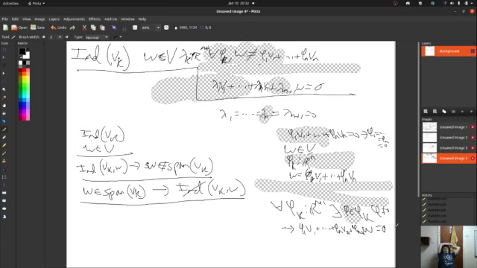Back it off. So we're going to introduce this and call it lambda.